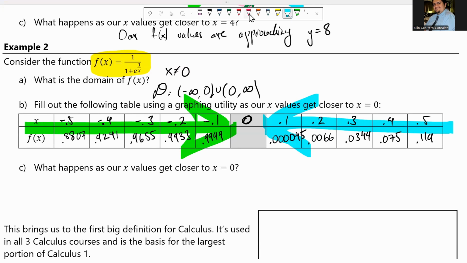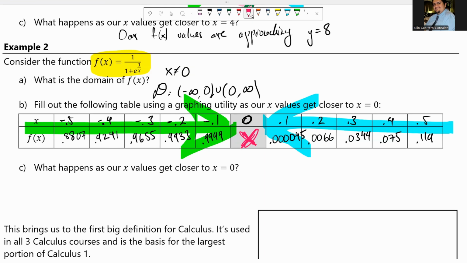We know we can't plug in 0, but in this case, if we approach it from the negative side, we get closer and closer to a specific value. In this case, it's 1. But from the other end, we get closer and closer to 0.